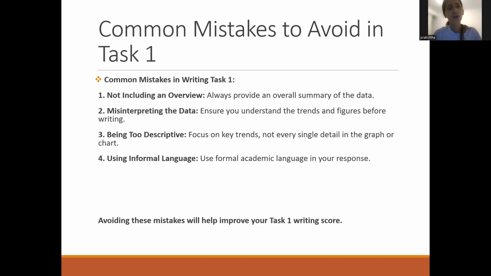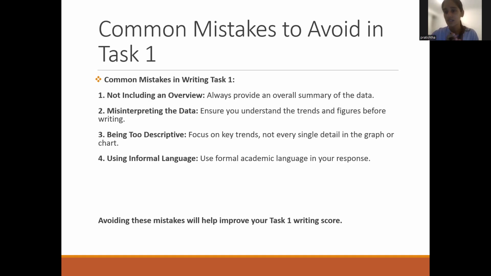Then we have a couple of common mistakes that people usually make. They do not include an overview, right? An overview is like an overall summary of the whole data. They misinterpret the data, right? So ensure you understand the trends and figures before writing, so you don't misinterpret the data. Or they are too descriptive, right?